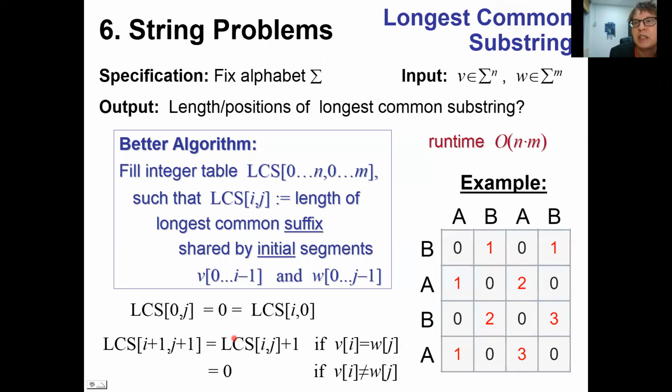The input size here has length n, this has length m, so that the overall input size is n plus m. And the running time here is n times m, which is already better than the previous naive algorithm, which had cubic running time, but still it's quadratic. And the question thus arises: is there a linear time algorithm?